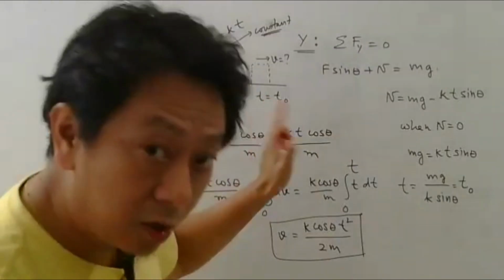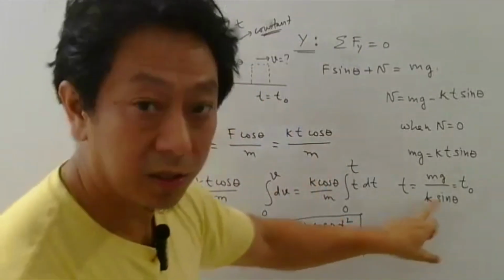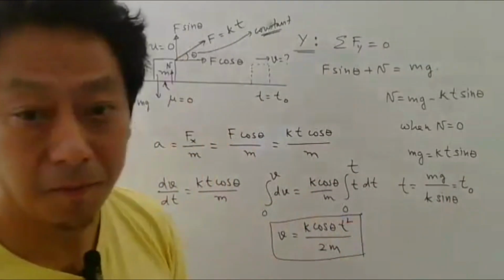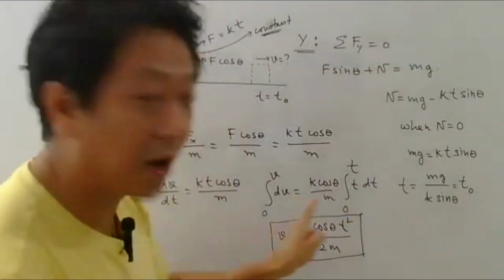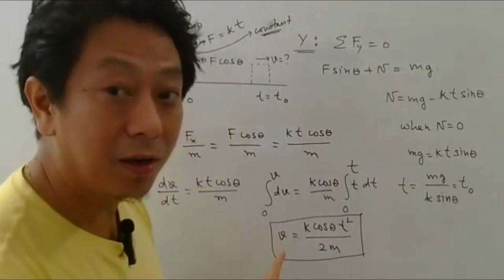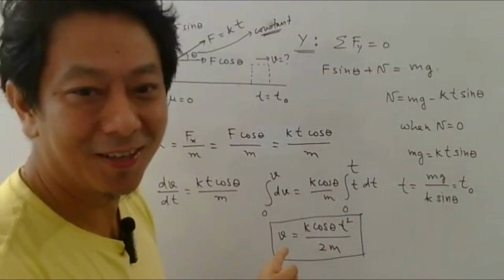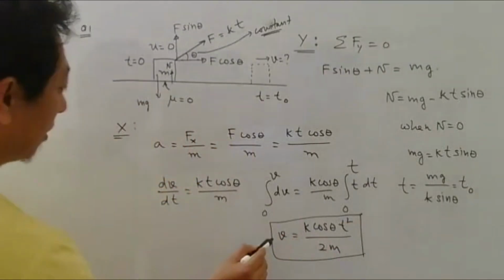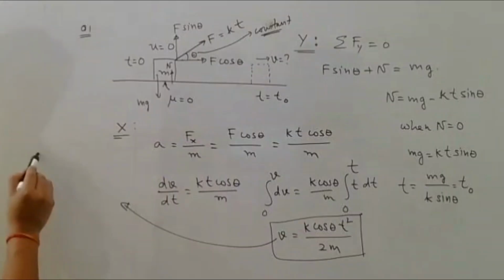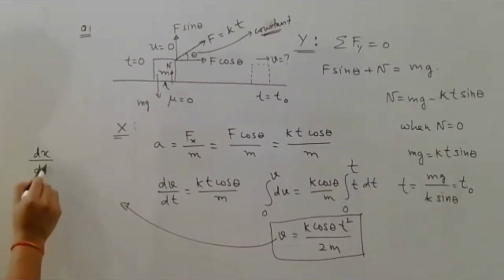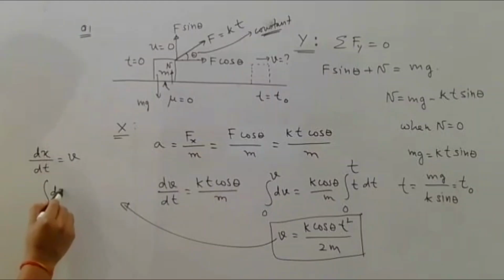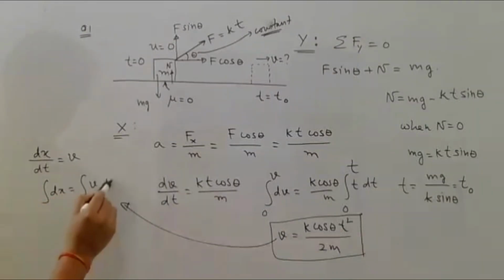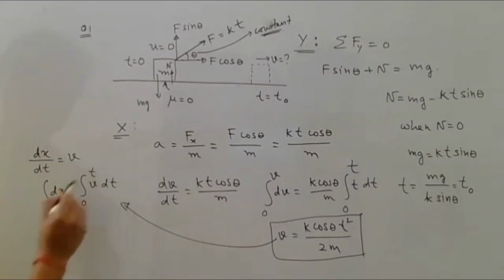So at the moment of leaving the surface, what is t? T naught, substitute t naught here. But why this is important now is because we can now find displacement also, isn't it? So this v, how will you write now? dx by dt equals v, then you will integrate v dt from 0 to t, 0 to x.